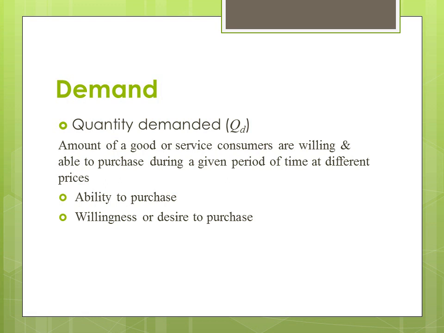Before purchasing a good, there should be two things in the consumer's mind. First of all, the ability to purchase that good, and the willingness or desire to purchase. For example, if a person wants to purchase an iPhone but has no ability to purchase it, it's not demand.